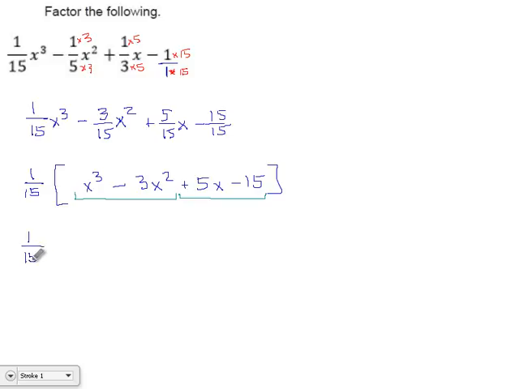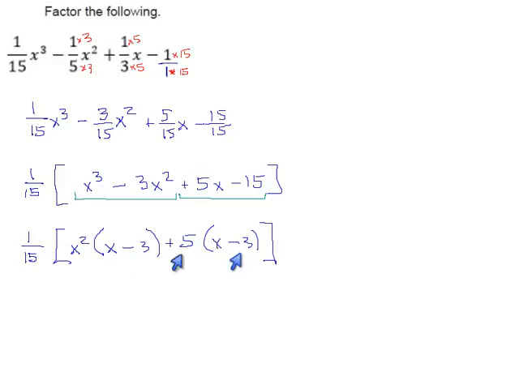Here's our 1/15, just sitting there. For x cubed and 3x squared, we can factor out x squared. And when we do, that leaves us with x minus 3. For 5x minus 15, we can factor out a 5. And that leaves us with x minus 3.